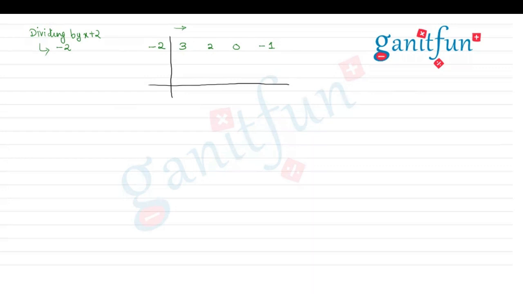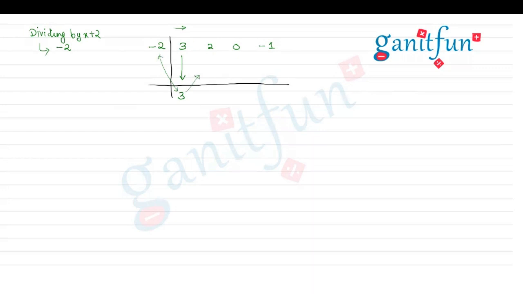Now the next step is that the first coefficient you write as it is, so we write it as 3. Now you multiply minus 2 with this 3, and the result we are going to write here.